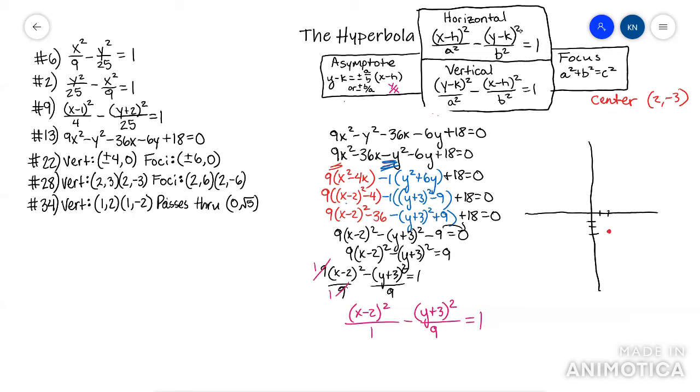Now that I have that, I would realize that this is a horizontal hyperbola, and my a value is 1. So that means I go 1 left, 1 right to find my vertices.